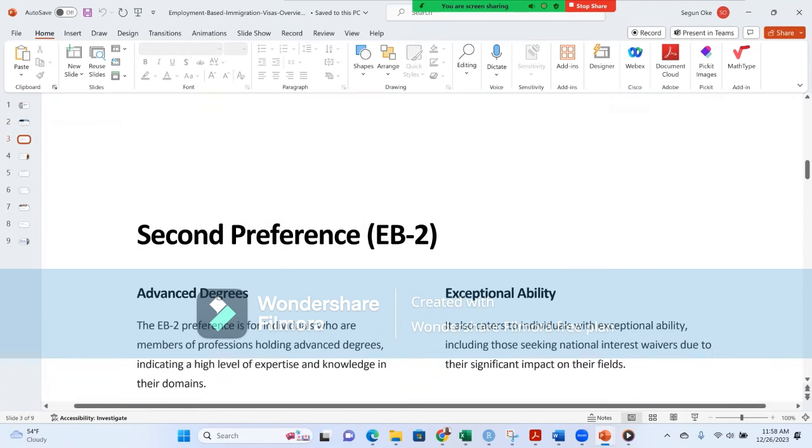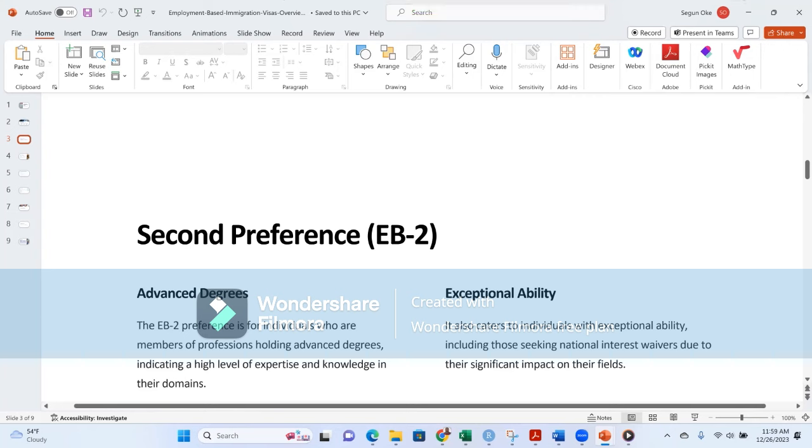So in the second category, like I explained, EB2, the EB2 aspect is advanced degree. And also, you must be a member of a professional body.